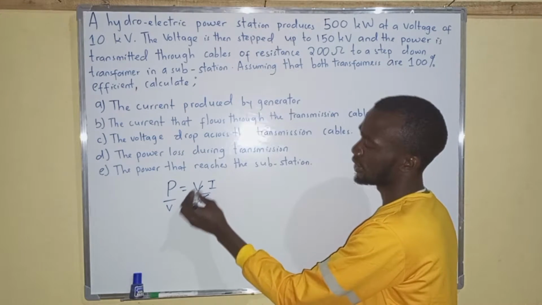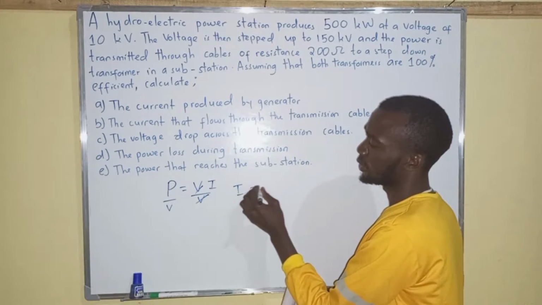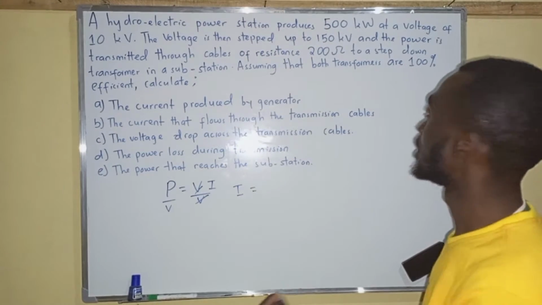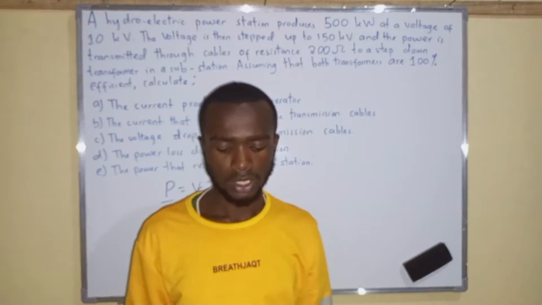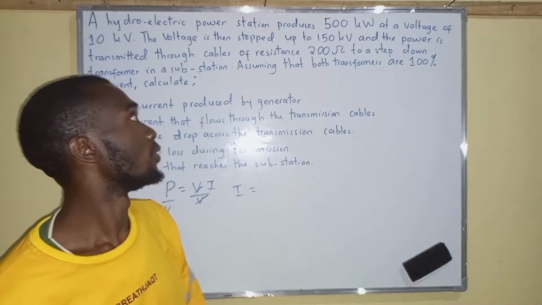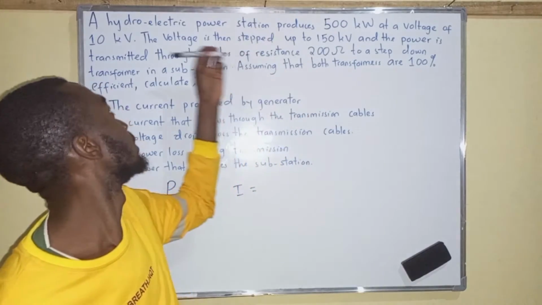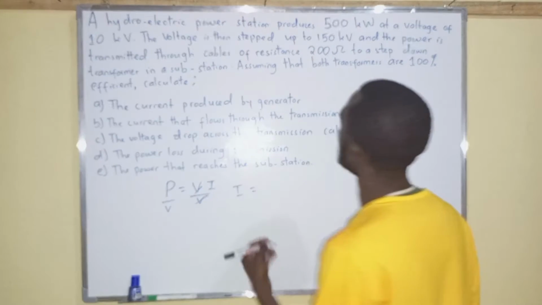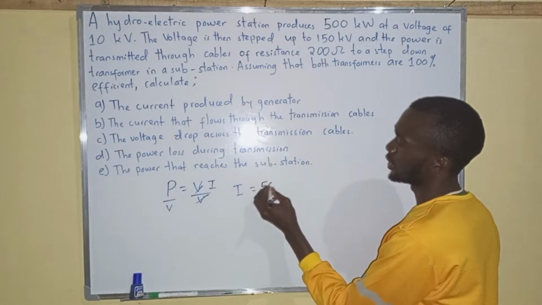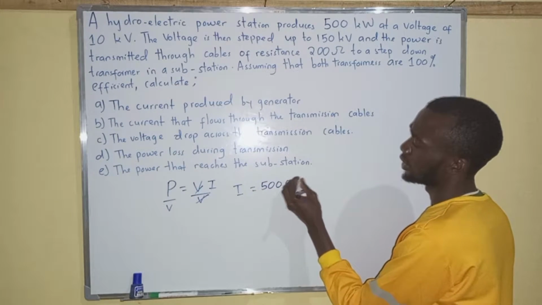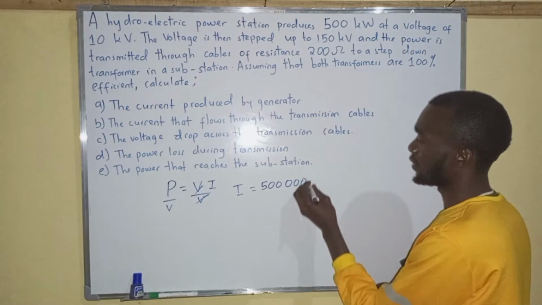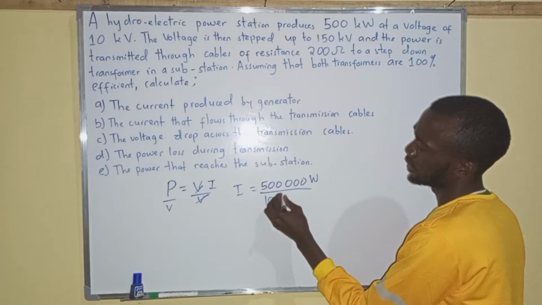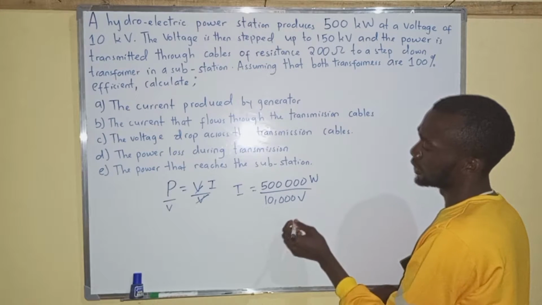So the current I is equal to P over V, of which the power is 500 kilowatts, that is 500,000 watts, and the voltage in that generator is 10 kilovolts, that is 10,000 volts.